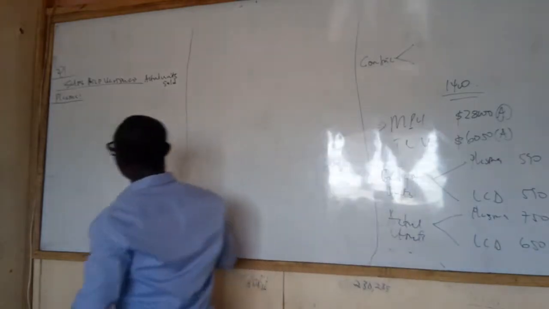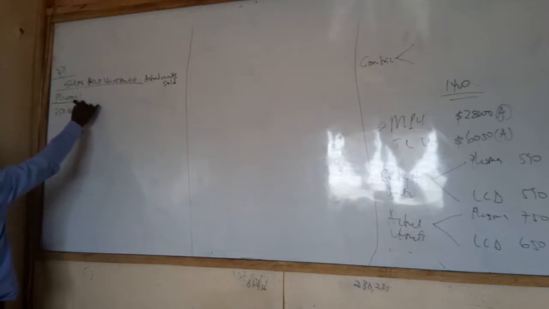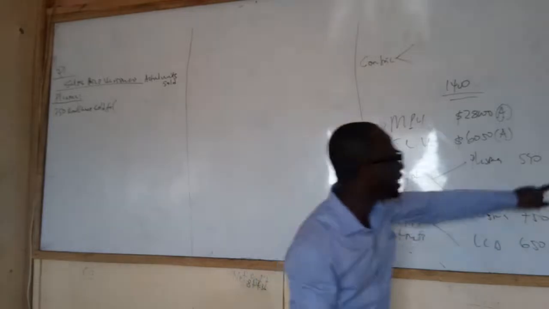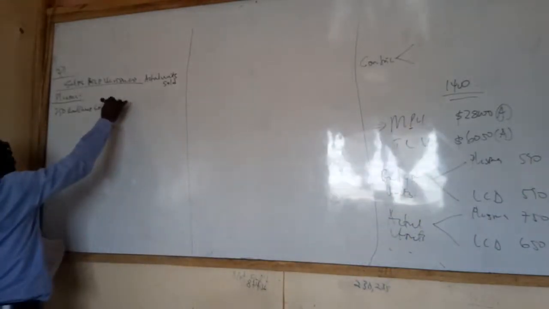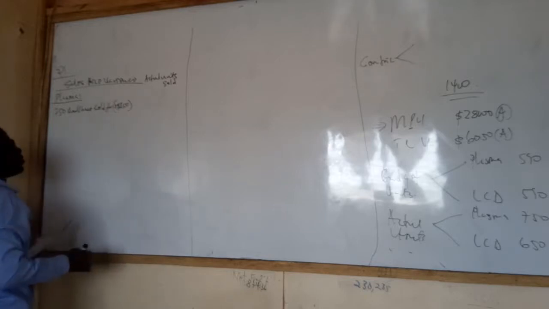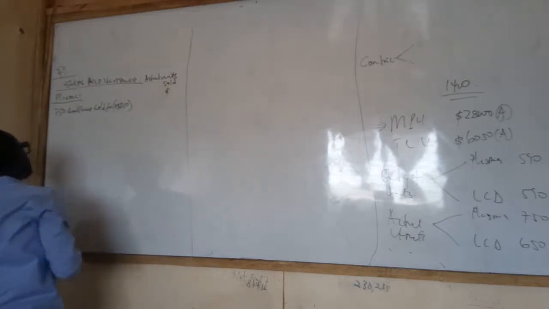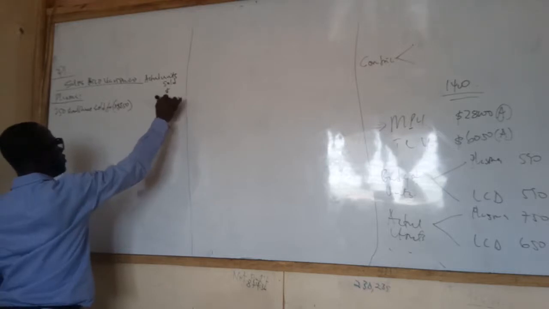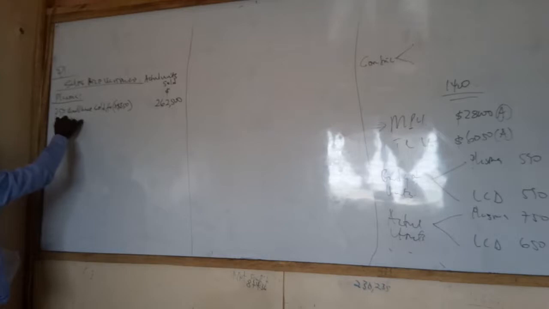So the 750 should have sold for, multiplying by the standard selling price for plasma, 350, 262,500.